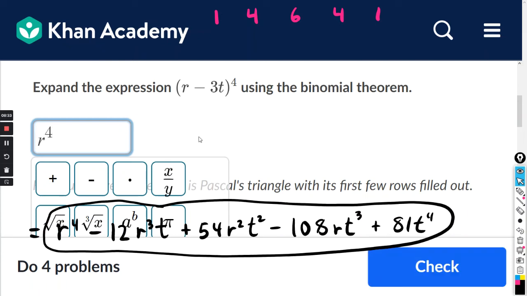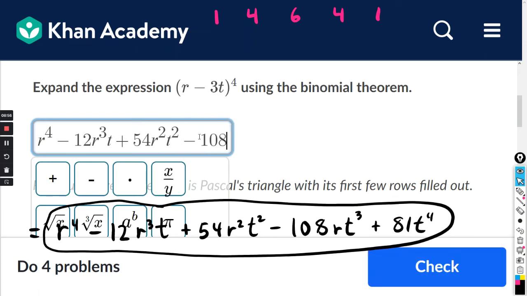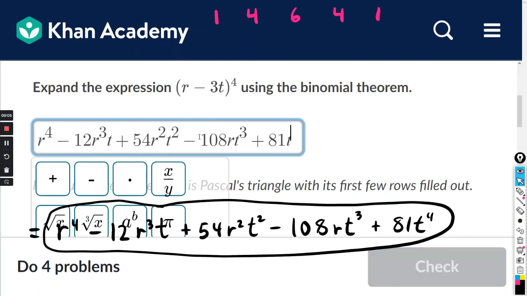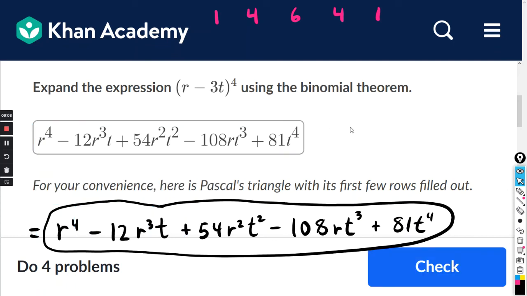Okay, so that's r to the 4th, hit the right arrow key, minus 12 r to the 3rd, hit the right arrow key, type t, plus 54 r squared, hit the right arrow key, t squared, minus 108 rt to the 3rd, and then finally plus 81 t to the 4th. Okay, so I typed that whole thing in the box. Just double check it real quick, make sure it matches.